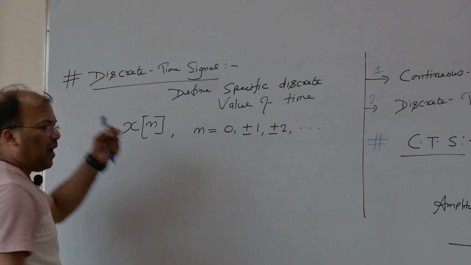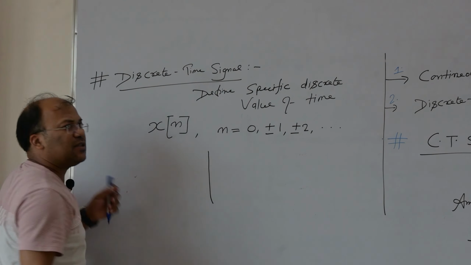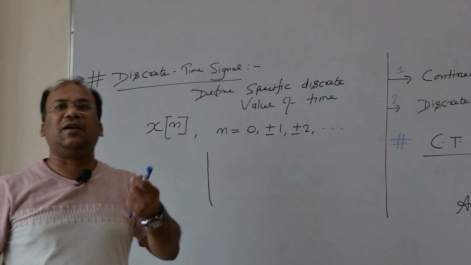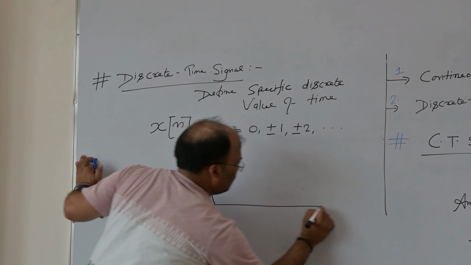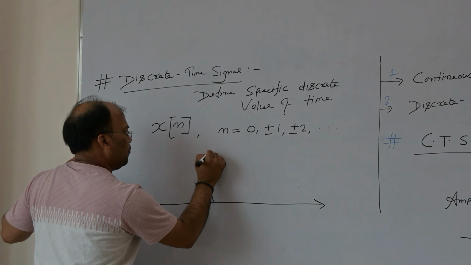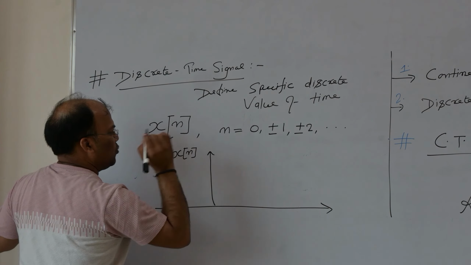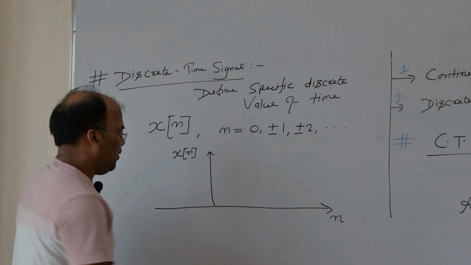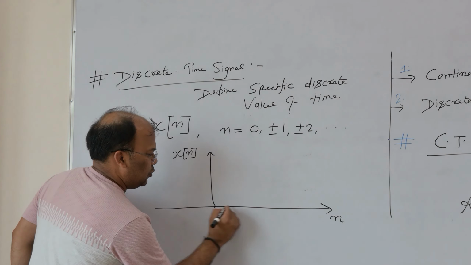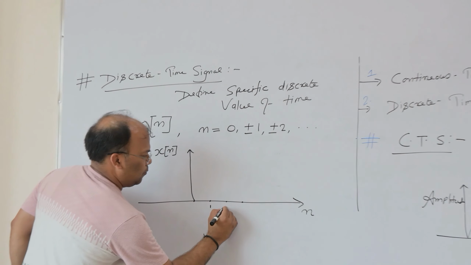And graphically, this is the representation of a discrete time signal. The y-axis is S of n, the x-axis is n. So here this is the point 0, 1, 2, 3.